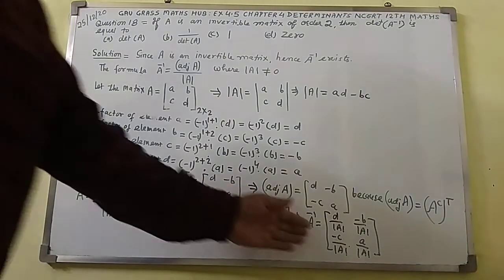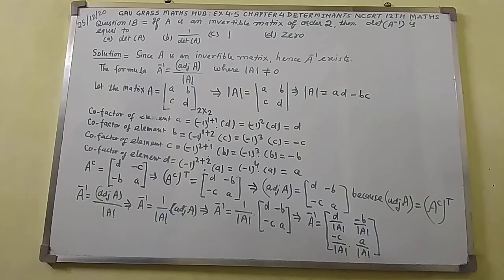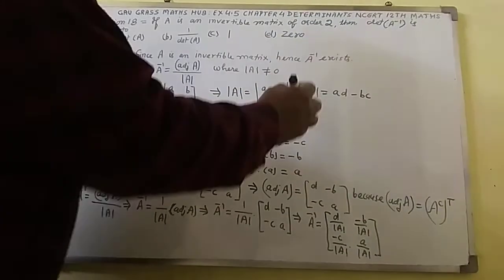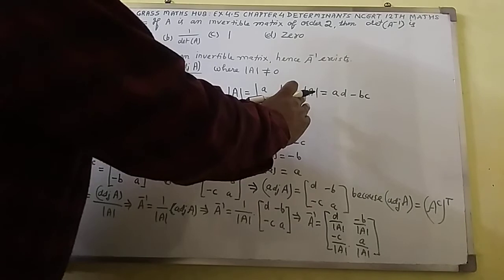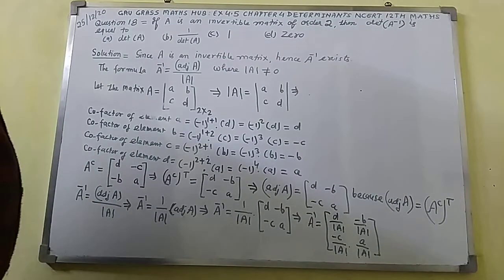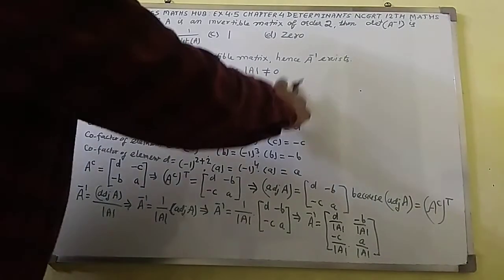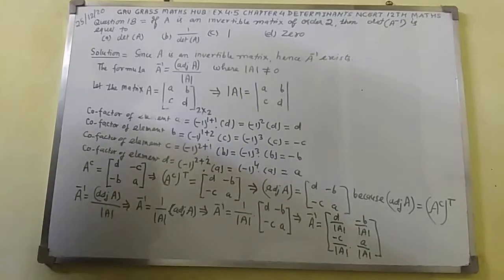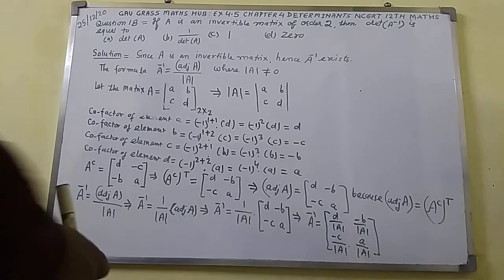Now get the determinant of A inverse. So here I shall write in bracket. Just remove this one. And I think this one is not required. Only this one we have got here.